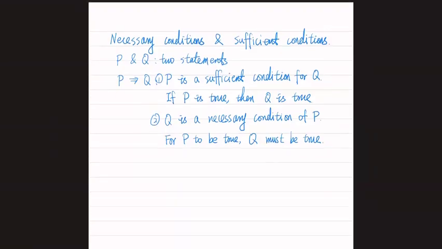Okay, for example, P: the two triangles are congruent. Very similar. Okay. And Q: the corresponding angles are equal, but we just pick one of them.